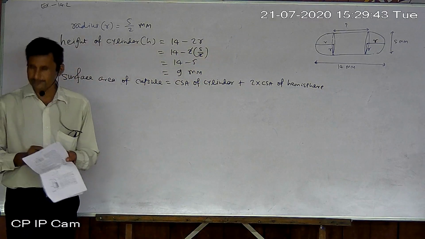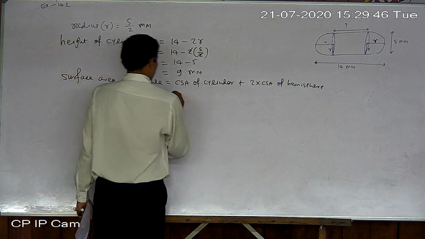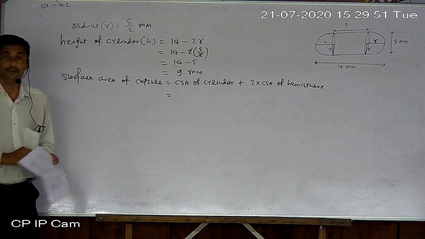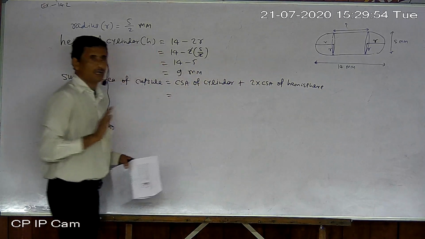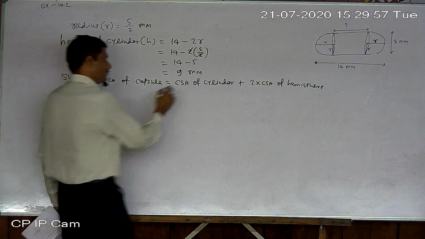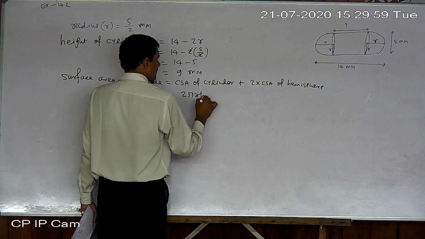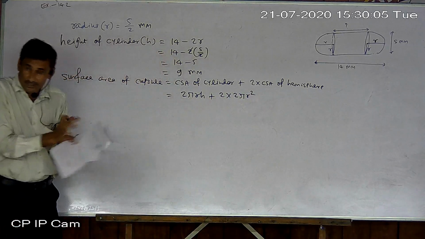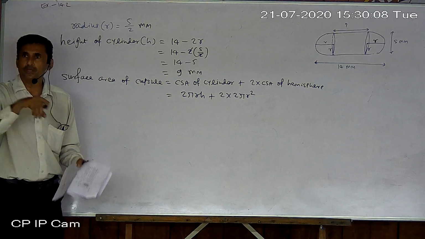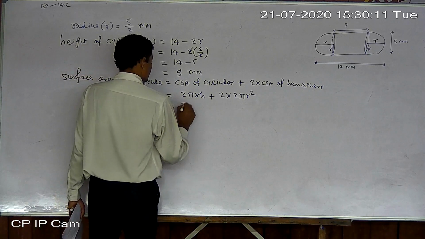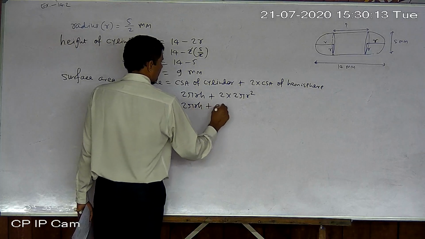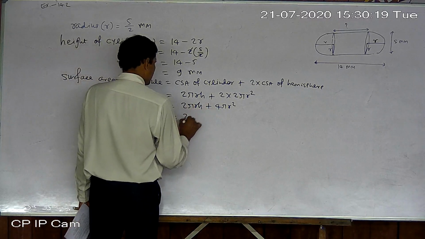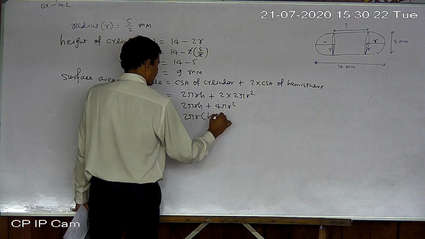A sphere. Now write down the formula. The formula should be in word form, everything written in words only. Do not go directly to the formula. Now write down 2 pi r h plus 2 into 2 pi r square. Actually it is 4 pi r square because one sphere is formed by 2 hemispheres. So it is 2 pi r h plus 4 pi r square. Don't write directly, go to this step. Now take common. 2 pi r is common. h plus 2r are left.